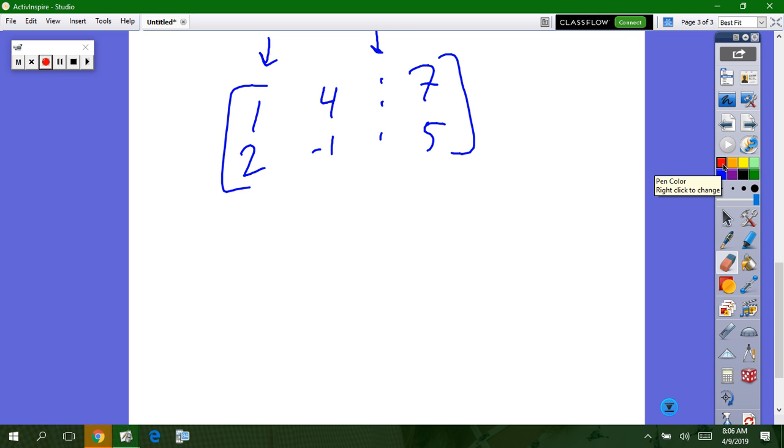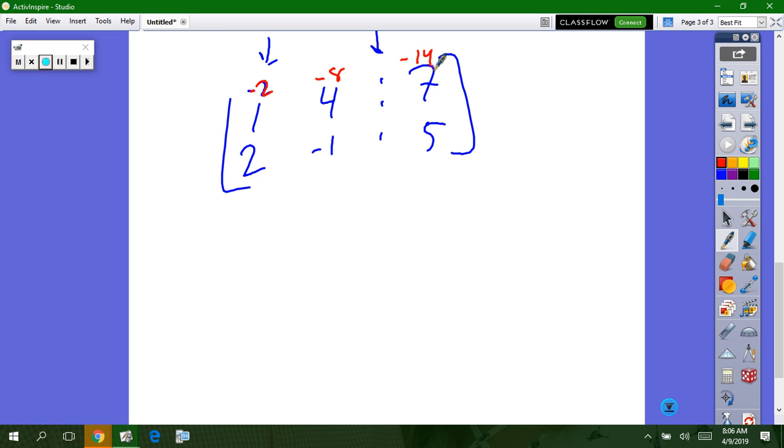So I'm going to do elimination, just like we did before. What do I need to times row 1 by? -2, right? If I times that by -2, I get -2, -8, -14.